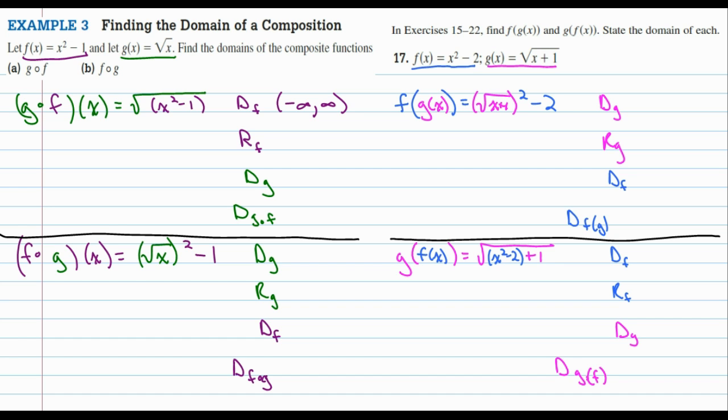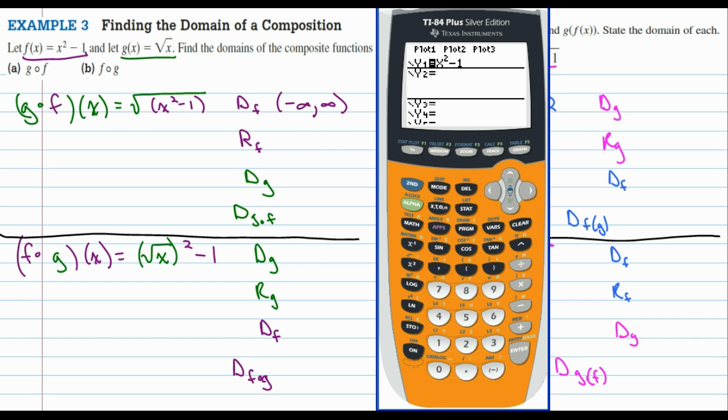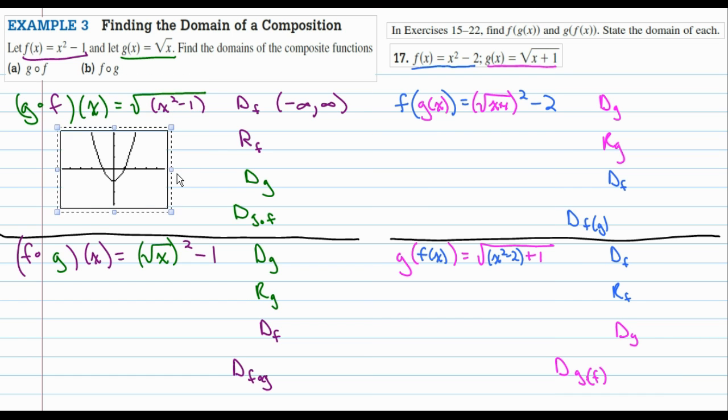The restrictions, the tricky part, comes between what comes out of that f function that can't get plugged in to the square root part. So we need to look at the range of the f function. I graphed the f function on my calculator, and I can see that the range of the f function is -1 to infinity.